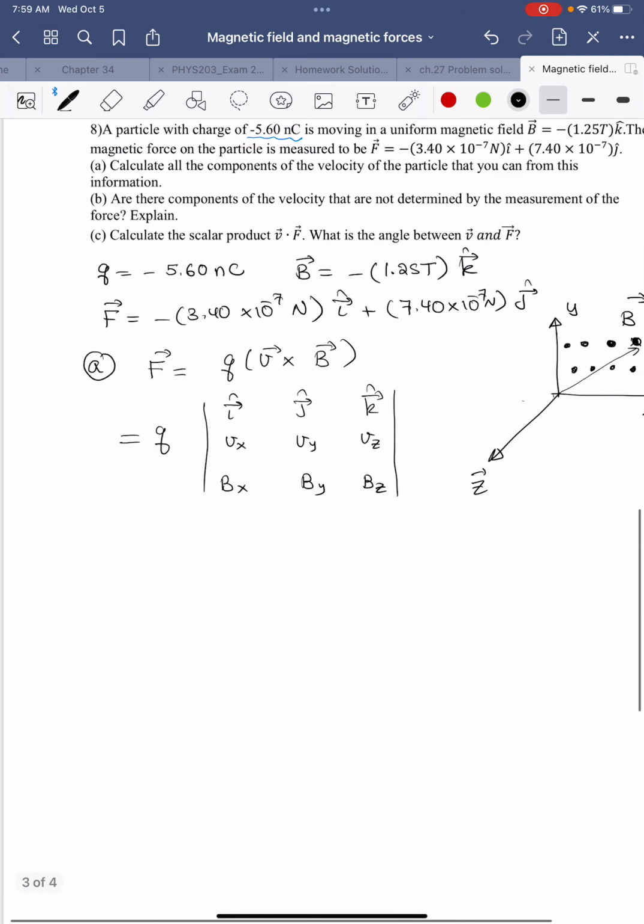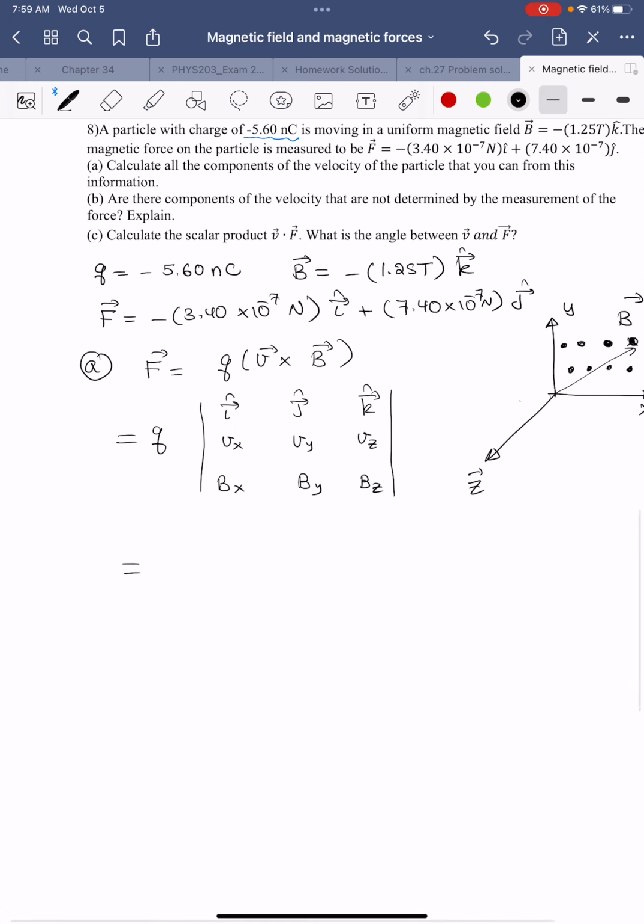The velocity components are not known; I need to calculate these. And Bx is 0, By is 0, and Bz is 1.25.